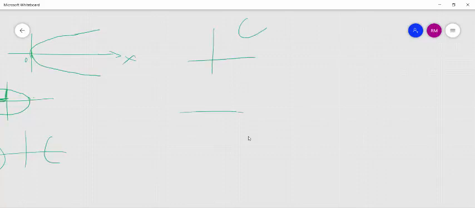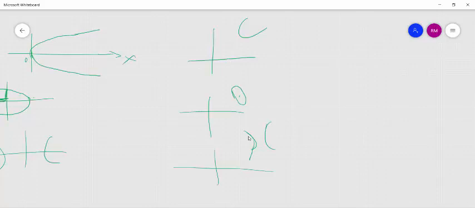Sometimes the ellipse, in the xy frame, may be at this position, then the center will be here, not the origin. For the parabola it may be like this, not around the origin.